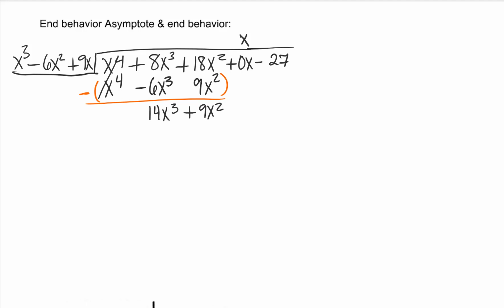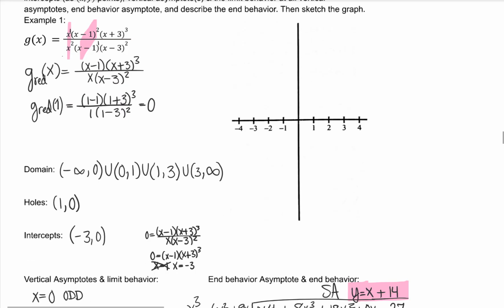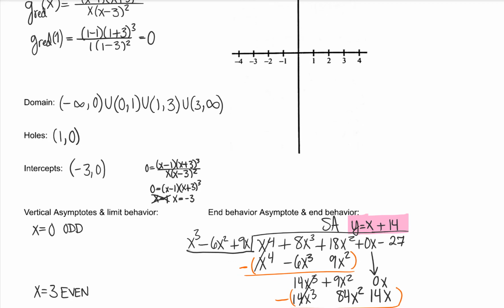All right, 14x cubed divided by x cubed is 14. Multiply. An x cubed term won't go into, so whatever we're left with is the remainder. And you know what? We don't have to write the remainder because we have our slant asymptote at y equals x plus 14.